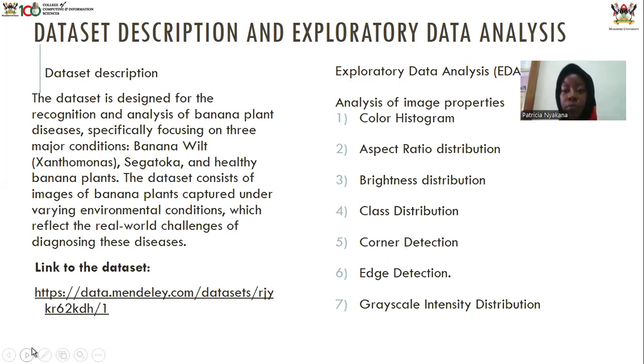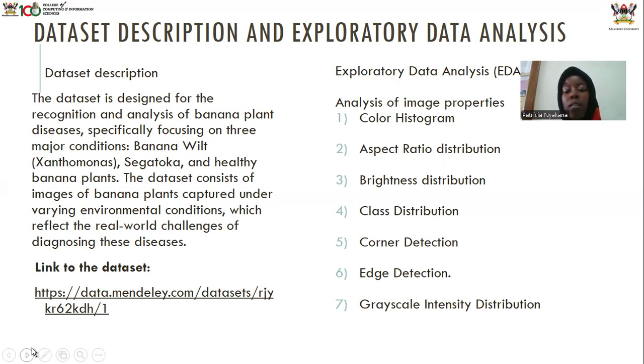Xanthomonas class. During exploratory data analysis, we analyzed some image properties such as the color histogram, aspect ratio distribution, and brightness distribution, and this was majorly to identify patterns that we could use to train the model parameters.